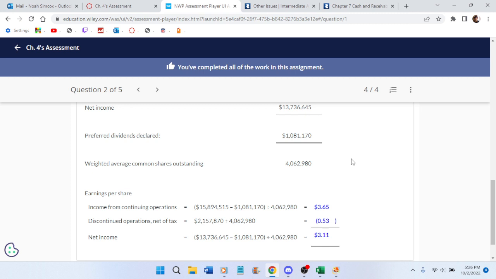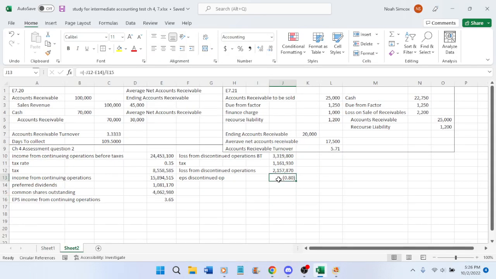The only reason I ended up getting it right in the end is because I was able to calculate this number, and the way I calculated it was this minus this equals this. But anyways, apparently what they want you to do is just this divided by this.